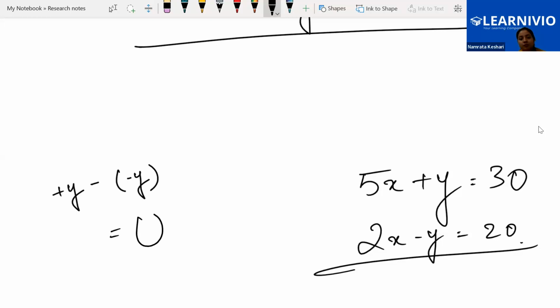Will it make 0? No. Elimination method means to remove any one of the variables. So we have to add. Aisha, when we have opposite signs, then we have to add them.